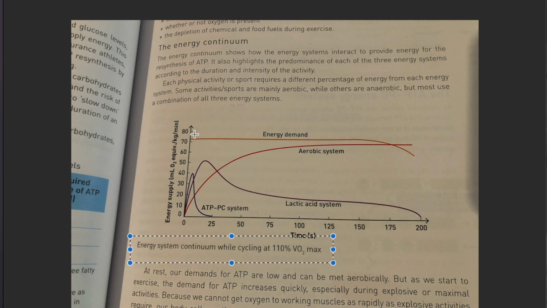What we can see here is that the energy demand is very high. The body needs energy to put ATP back together very quickly because all of the stored ATP is gone. All of the ATP is being put back together so that the muscles can continue to move. So let's have a look at the ATP-PC system.